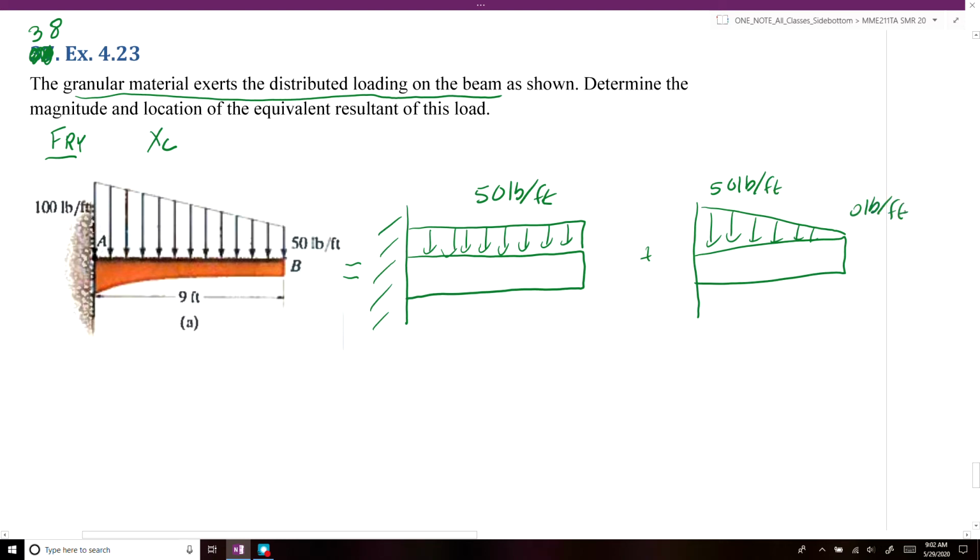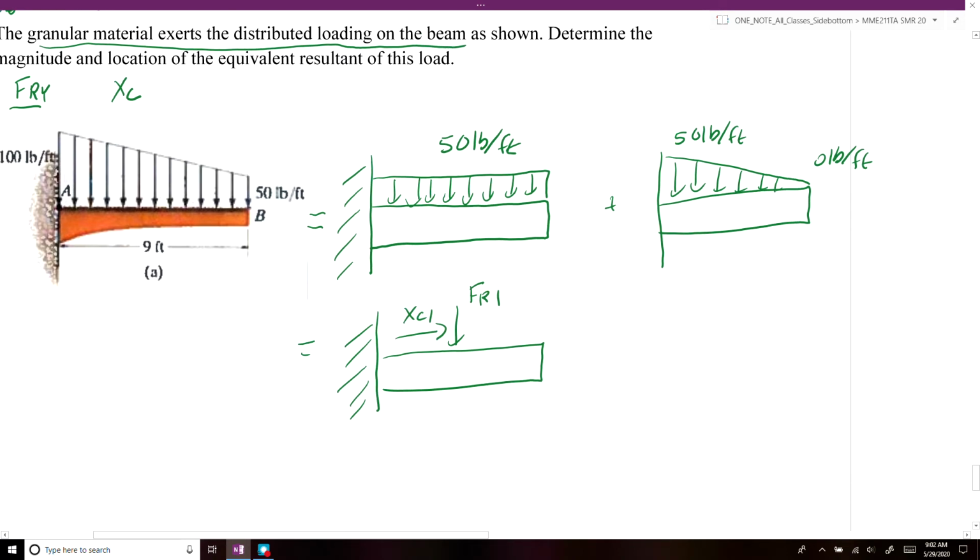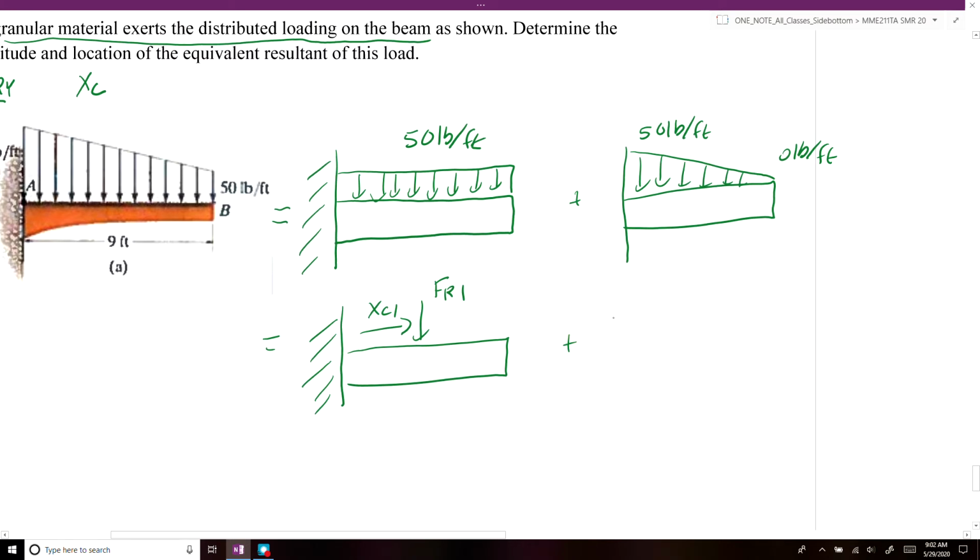Right? So for both of these simple cases, it should be really easy to calculate the resultant force. I'm going to call this FR1 from the distributed load, and where that concentrated force is being located. We can do that for both of our cases here.